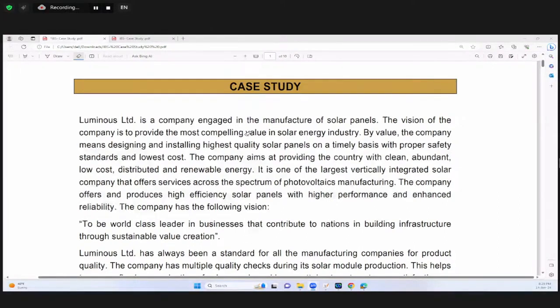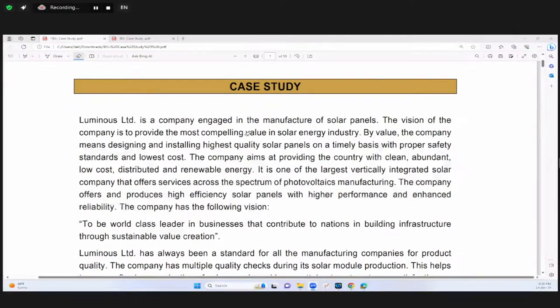So the government has given a grant to the company, and there are issues while doing the manufacturing, while doing the business. Issues are there with respect to GST, with respect to company law.